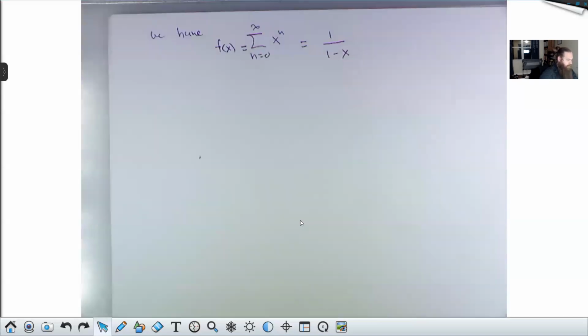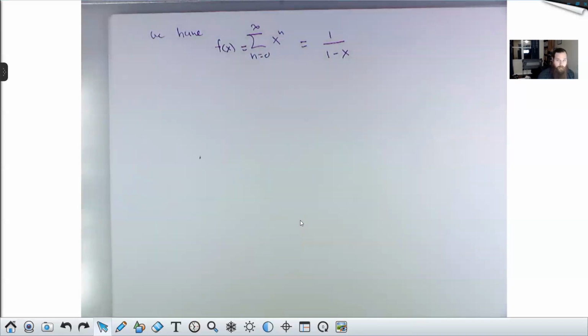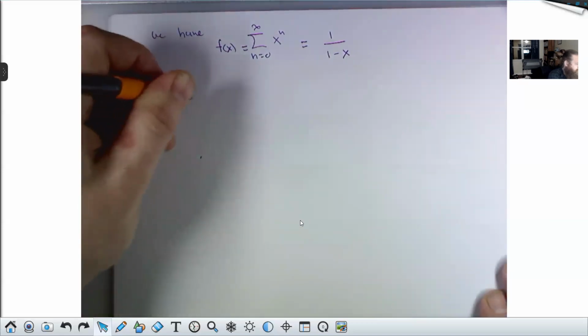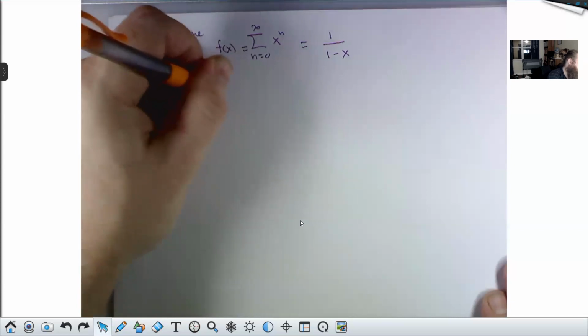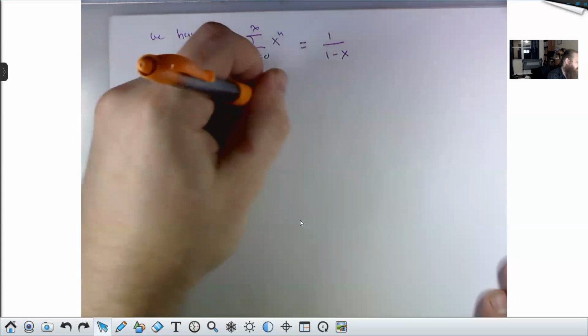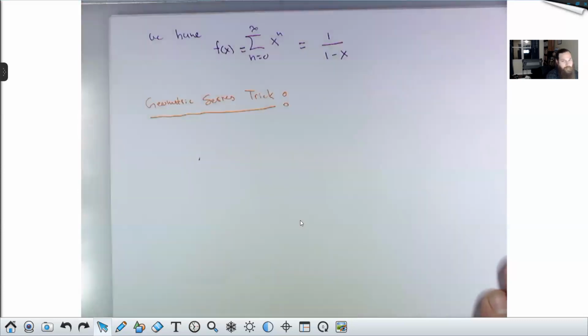And I'm going to rewrite it in terms of the variable u, because our goal here is to find representations for other functions. So we'll be substituting different things in for u. So this is the geometric series trick, and it is the holy grail for section 11.9.